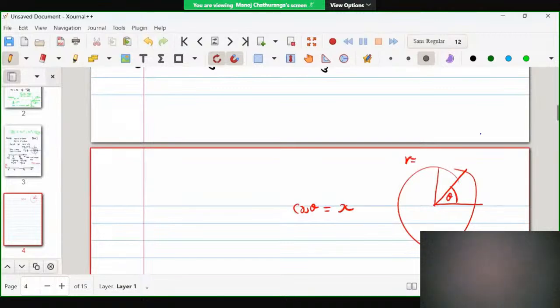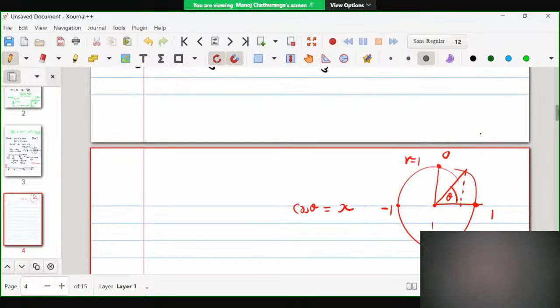For the unit circle, when theta is 0, x coordinate is 1. And on top of this, cosine theta is 0, because the corresponding x coordinate is 0. Right over here is minus 1. Again, at the bottom of the circle, it is 0.